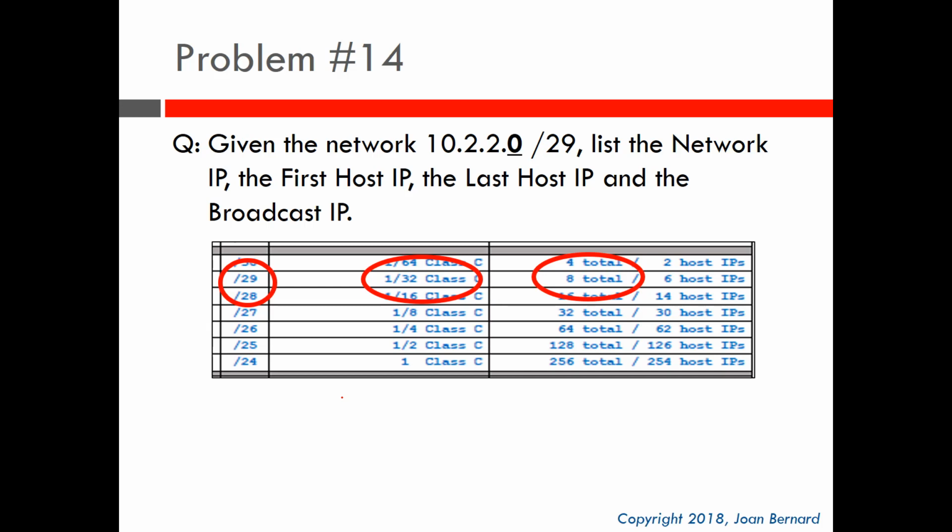When we subtract the broadcast and the network IP, it's only going to leave us 6 host IPs for that network that we can use within that one network. So I also see that /29 would be taking that whole pie and slicing it up into 32 small slices.